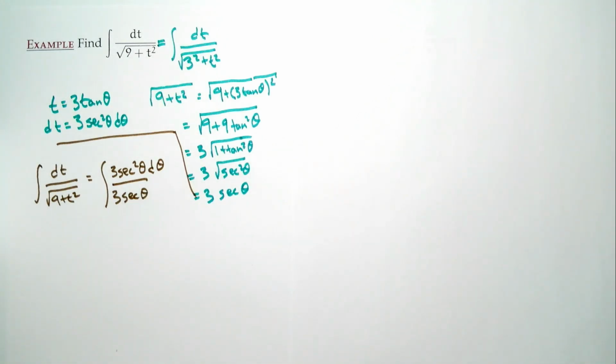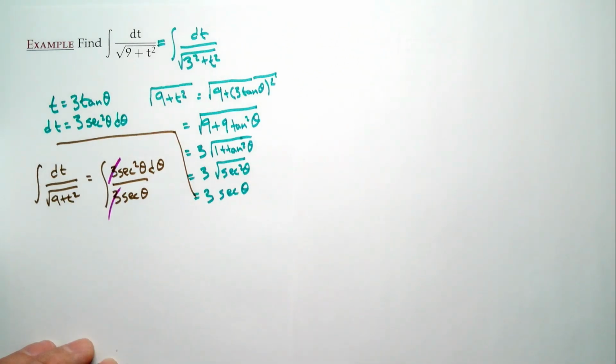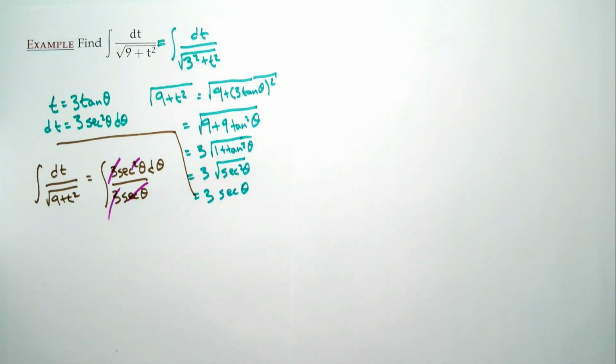Now, what do we do here? What do we have as an option? Well, the 3's cancel. Anything else? Yeah, I get a secant to cancel, so we're left with the integral of secant.